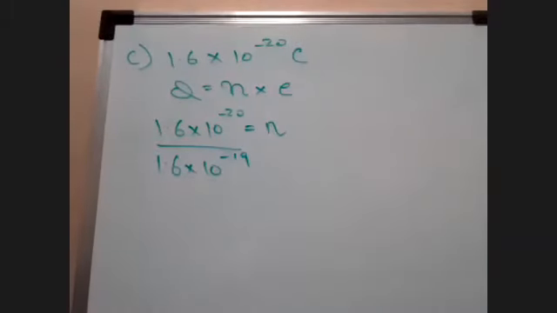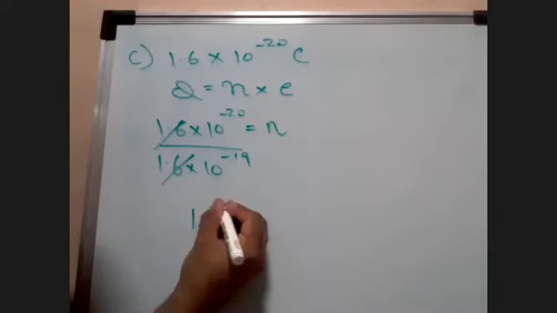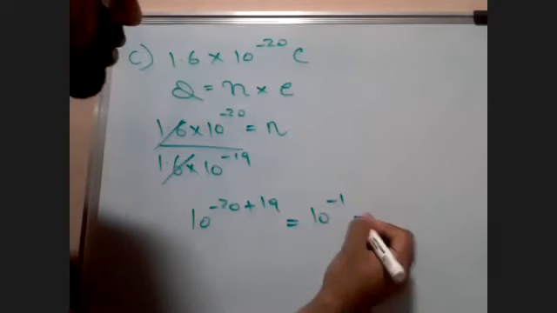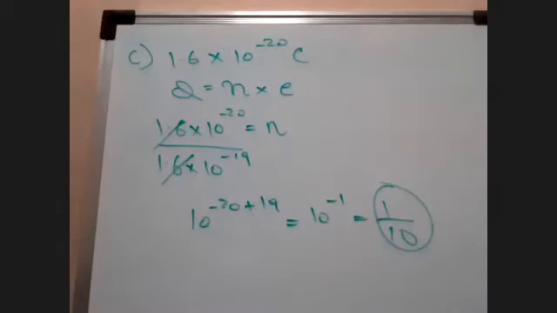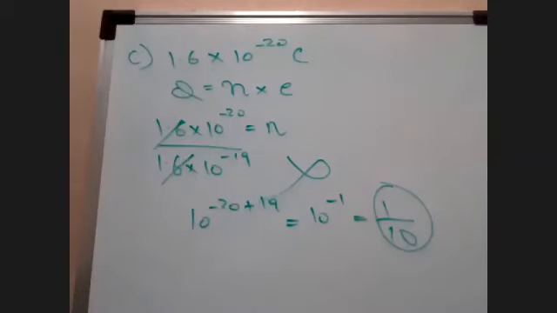You get 10 raised to minus 20 plus 19, that is 10 raised to minus 1, which is basically 1 upon 10. Is this an integer? This is not an integer. So 1.6 into 10 raised to minus 20 coulombs is not possible.